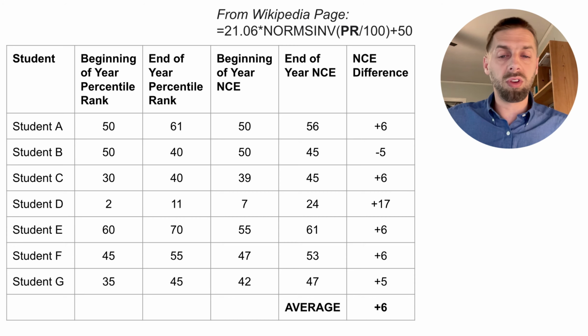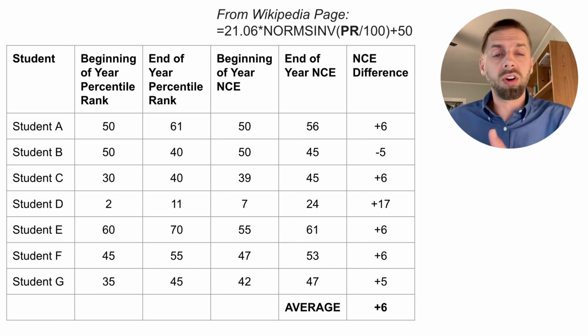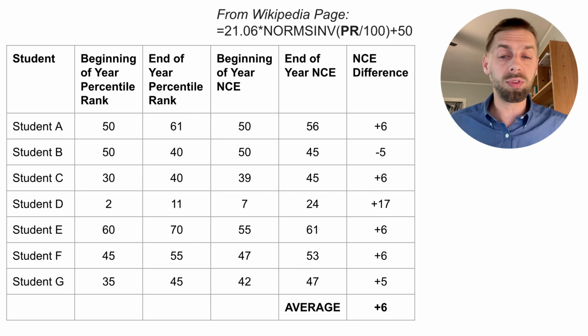Remember, this is the student that in our initial analysis grew only 9. We thought, well, a lot of students grew more than them, but it turns out because they were starting so far behind, they grew 9 percentile ranks, and it felt like a lot of other students grew more than them, but in terms of true growth, a true measure of growth units, that 17 actually makes them stand out as the most improved.